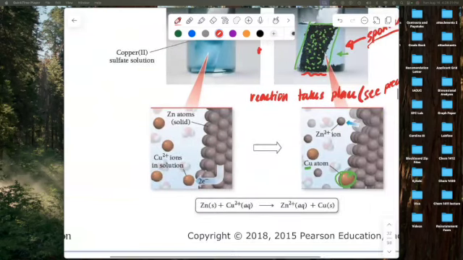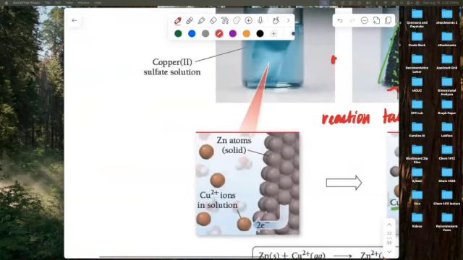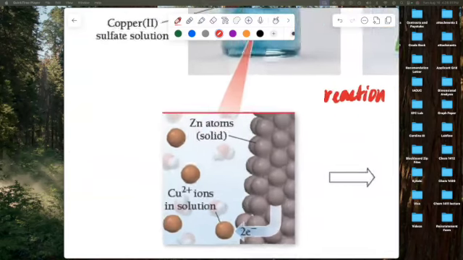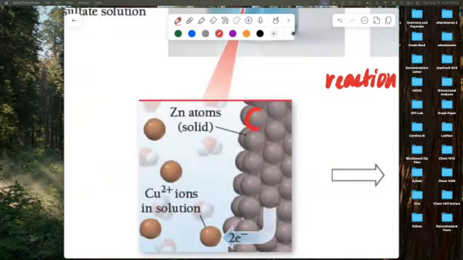How exactly is the product being produced? So we're starting off with the zinc solid. The solid here is somewhat of the initiator of the reaction. Zinc solid, right? They're showing you the solid atoms right here. This is the atomic level showing you almost a play-by-play of what's going on.